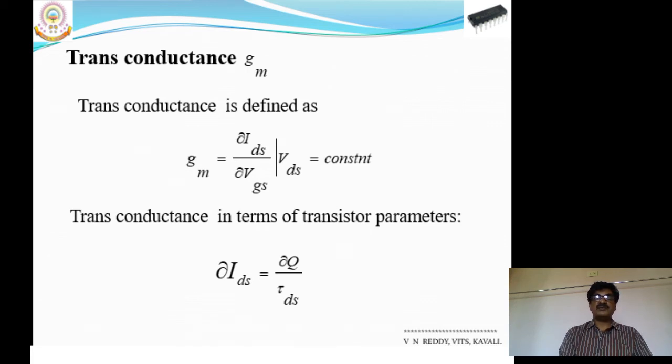We can apply that basic formula here: the change in drain to source current equals the change in induced charge divided by tau DS. The tau DS is the transit time for the charged particle, which we already derived in the current derivation, equal to L square by mu VDS.